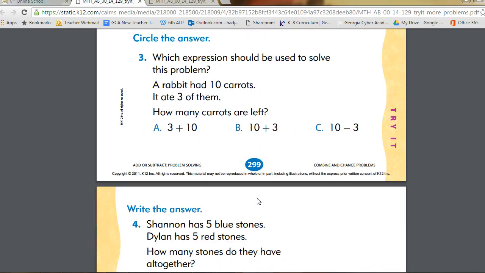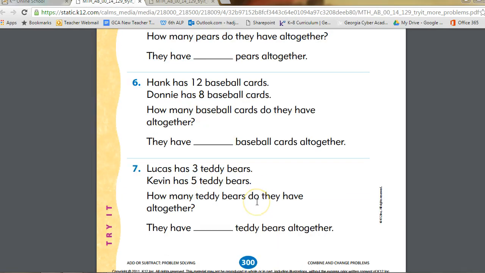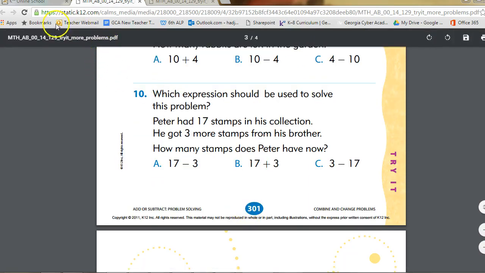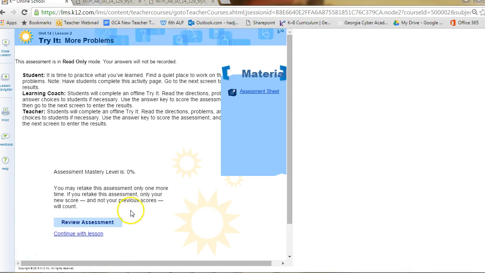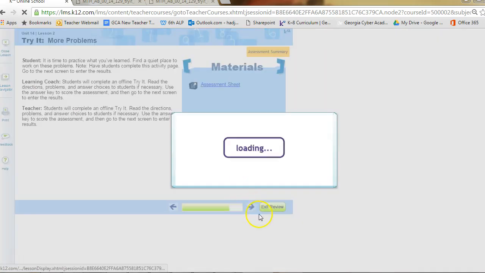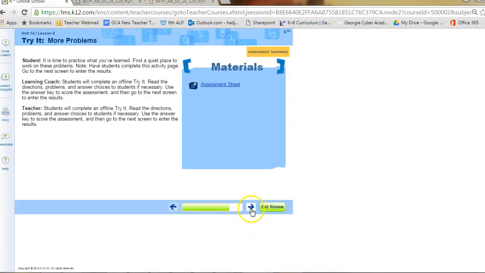So learning coaches, you can finish working through these problems with your student. In the OLS, you can enter those answers by clicking on Review Assessment. And don't click Exit Review yet. Click this arrow.